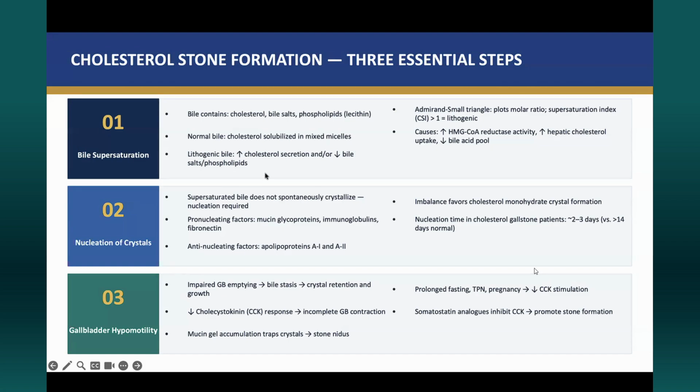And you produce a lithogenic bile, which is high in cholesterol secretion and low in bile salts. So when you have high cholesterol secretion, this becomes bile sludge with a supersaturation index of more than one. You then develop gallstones or cholesterol stones.